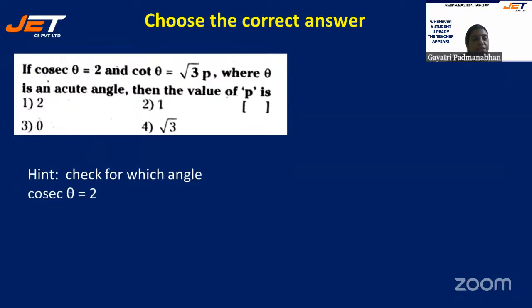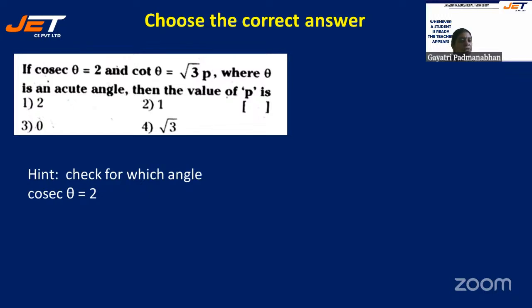See the next question. If cosecant theta is equal to 2 and cot theta is equal to root 3 by p, where theta is an acute angle, then the value of p is dash. Cosecant theta is 2, so again you need to check for which angle.